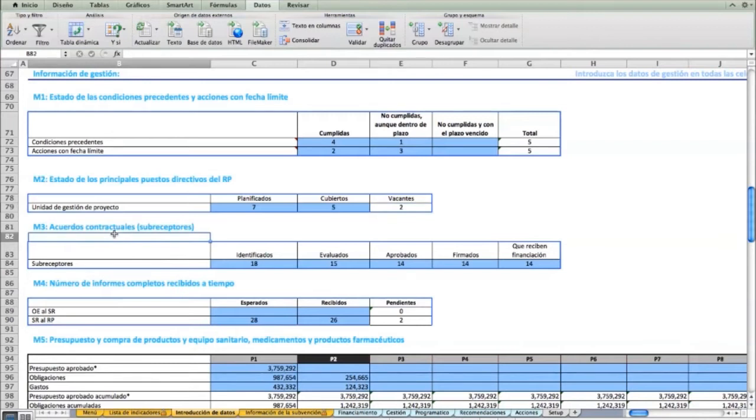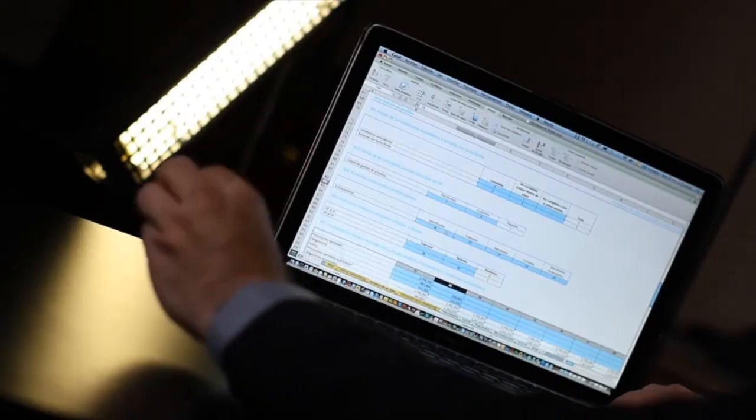The third indicator monitors how many sub-recipients the principal recipient has contracted for the development of the project. This space has 5 cells in which we input the number of sub-recipients that have been identified as potential implementers of the project.